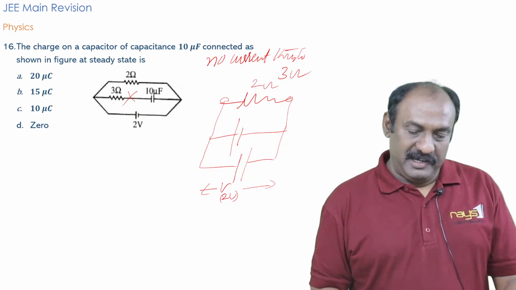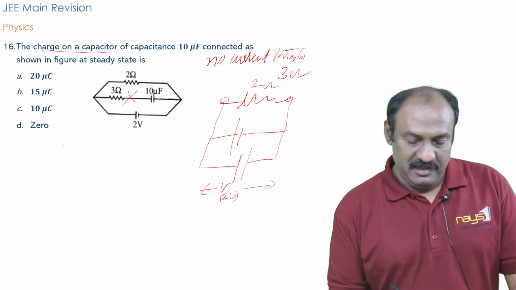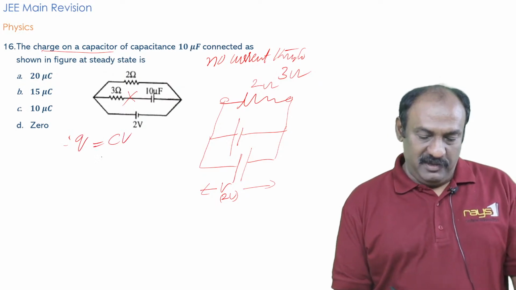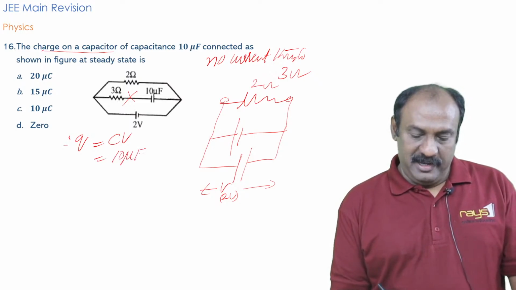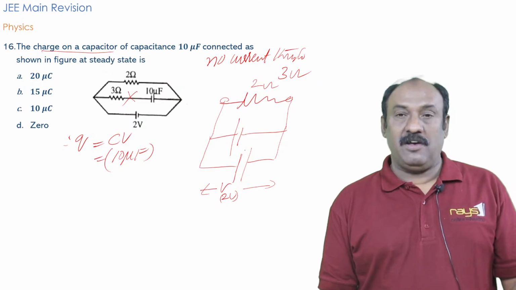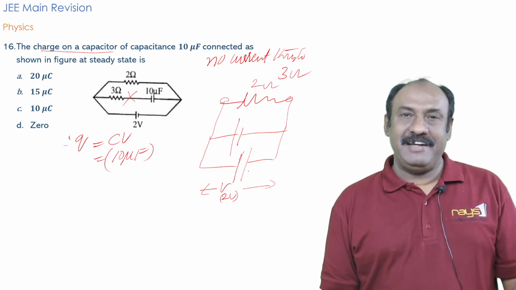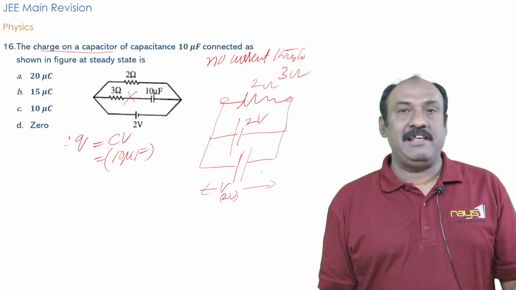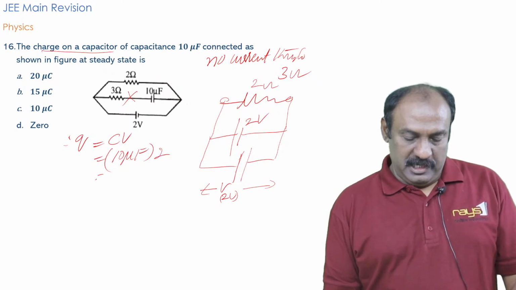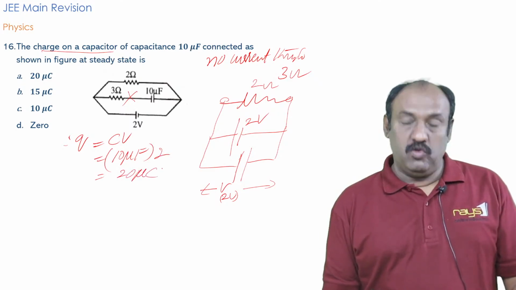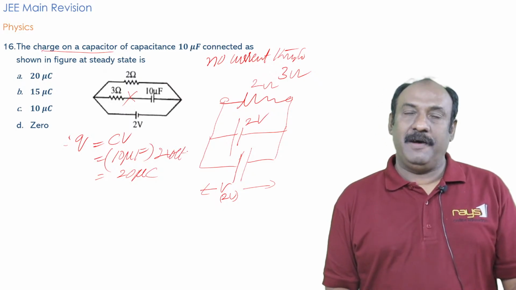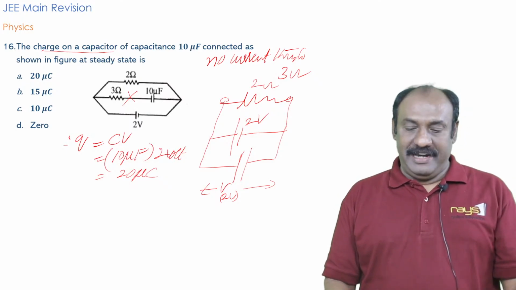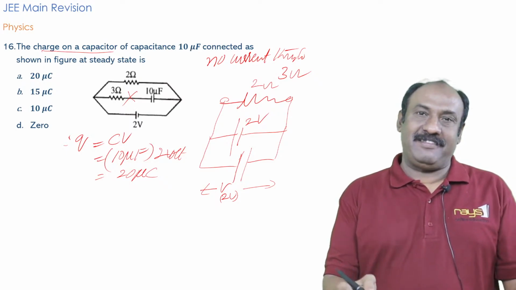At that time, what we want here is the charge on the capacitor. So, charge on the capacitor Q equals CV. What is the capacitance value here? 10 microfarad, into the potential drop across the capacitor at steady state, which is the voltage drop across the resistance, into 2, that equals 20 microcoulomb. 20 microcoulomb is the charge on the capacitor of capacitance 10 microfarad when it is connected to a battery and resistor as shown in the figure.